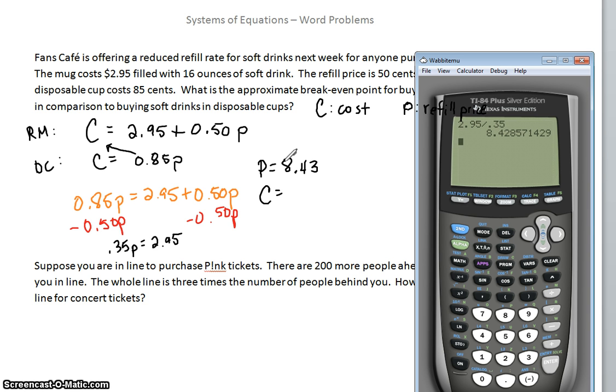and then for the cost, we're going to plug 8.43 back in here, so I'm going to have 8.43 times 0.85, 7.17. Okay.